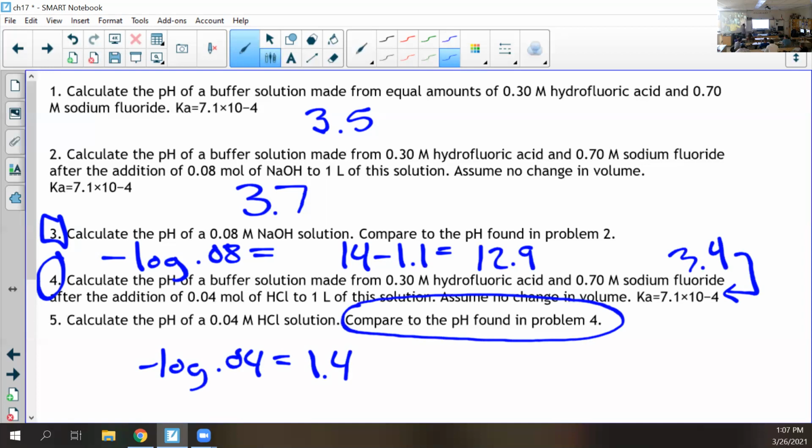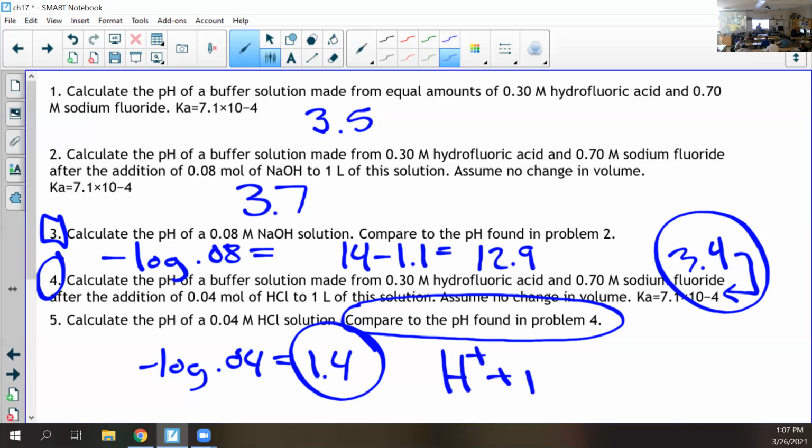It says compare the pH found in problem 4. So you would say something about how, even though we added something very acidic, the pH did not change because the solution was a buffer, and the H plus reacted with the F minus to produce the weak acid of HF.